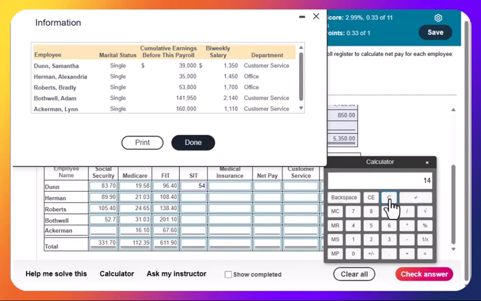So $14.50 for Herman, and we're going to multiply that by 4% for 58. We can add in the zeros again or not for the decimal. So then for Bradley Roberts, 1,700 times the 4%, 68.